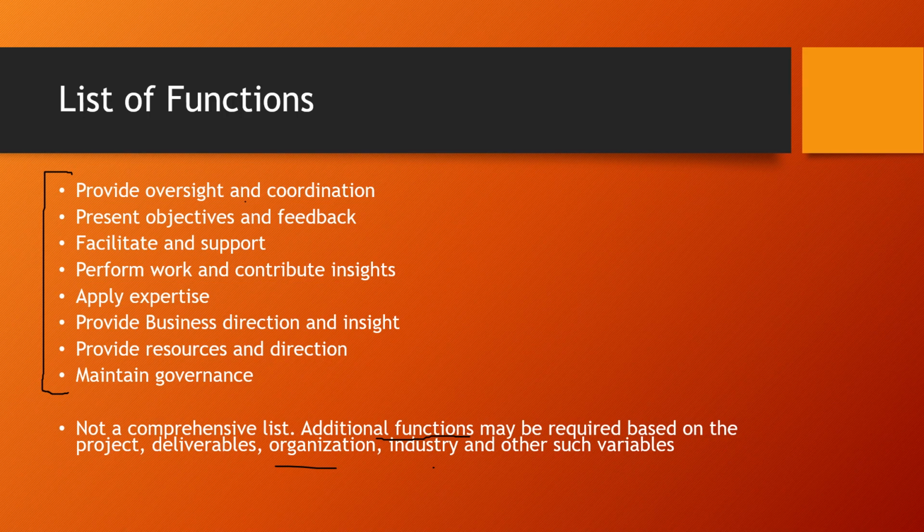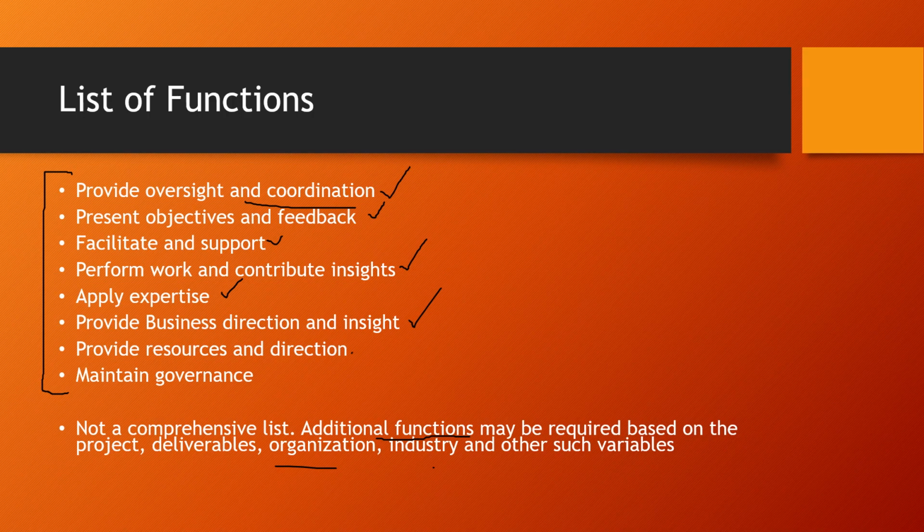Provide oversight and coordination. So this is a function. Now a group of people, a group of teams, or a single person might be performing this function of providing oversight and coordination. Present objectives and feedback, facilitate and support, perform work and contribute insights, apply expertise, provide business direction and insight. And we'll talk about all of these in detail in the coming slides. So do stick around.